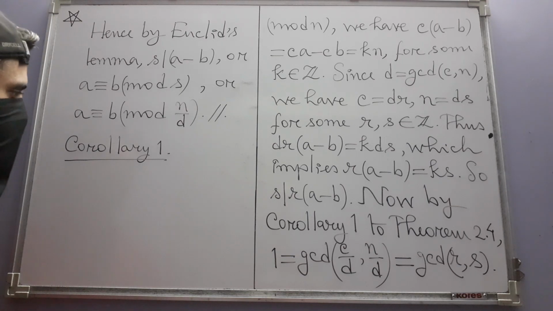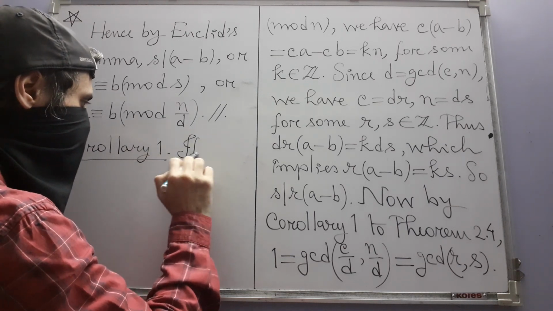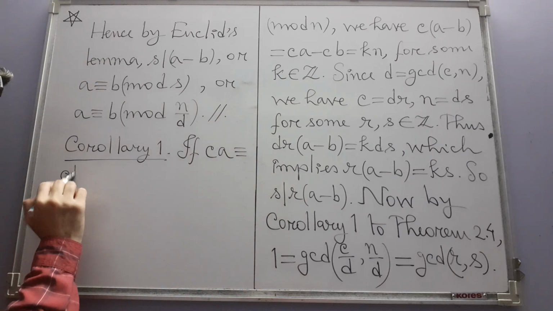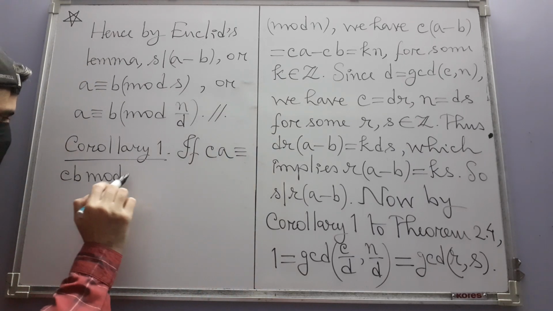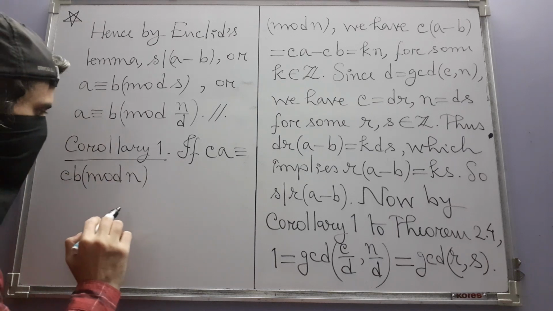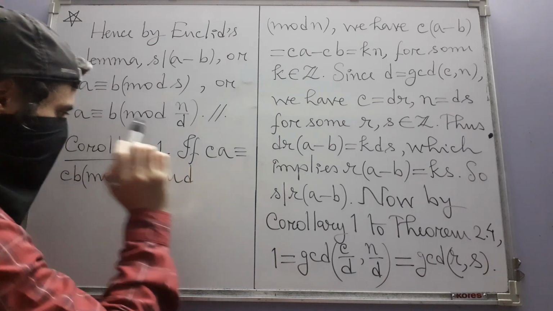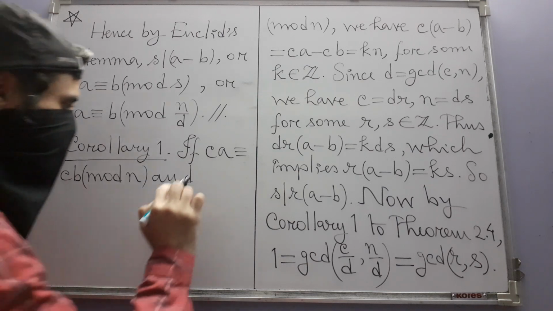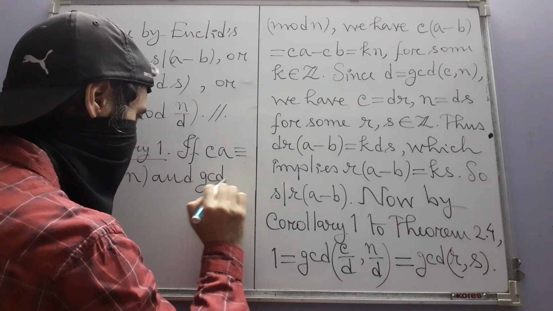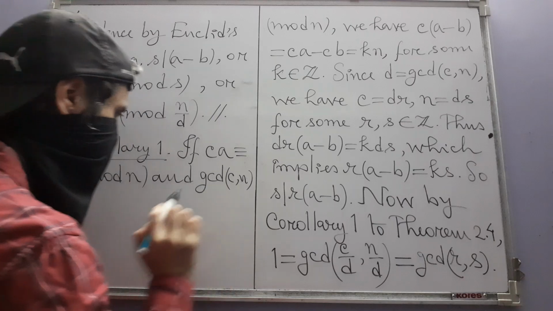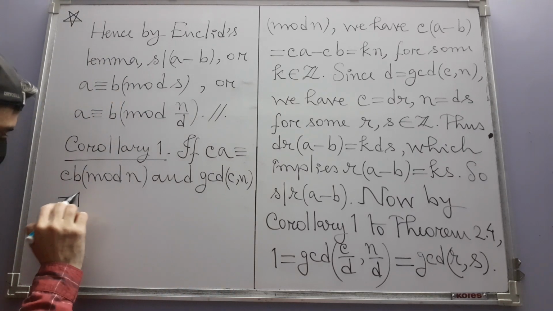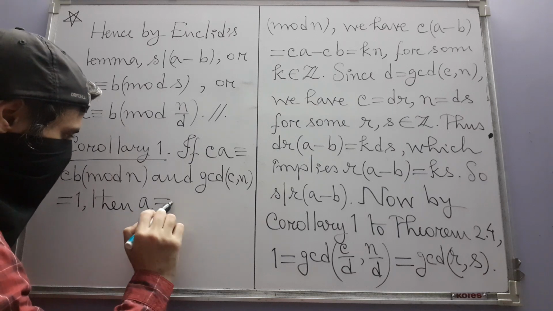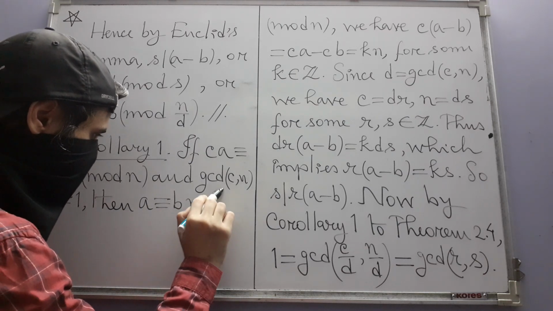And it says this: if CA is congruent to CB mod N, and C and N are relatively prime, that is, their GCD is 1, then A is congruent to B mod N.